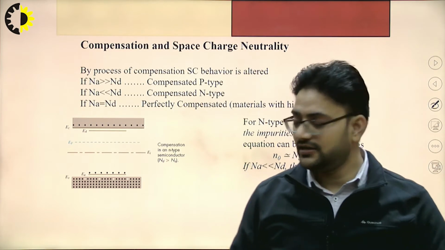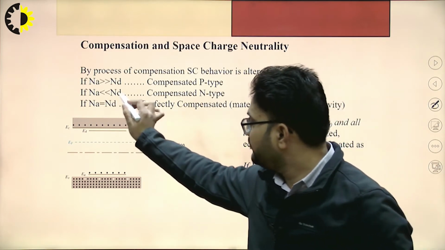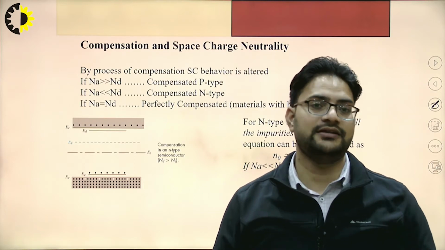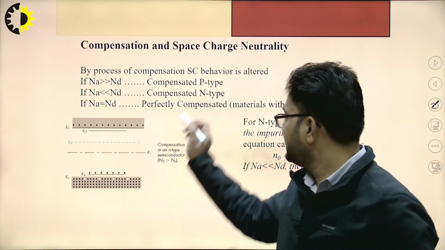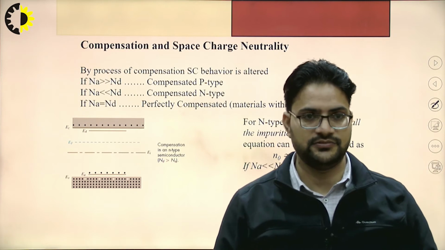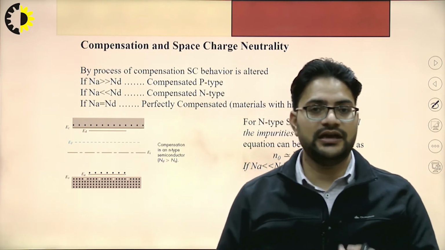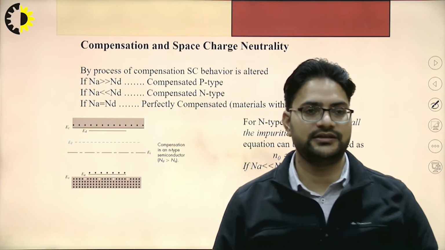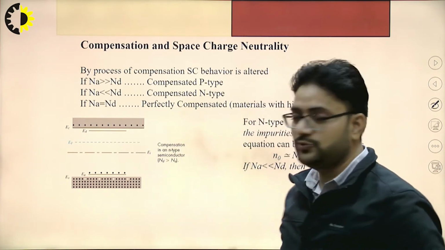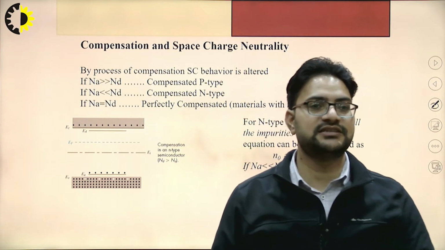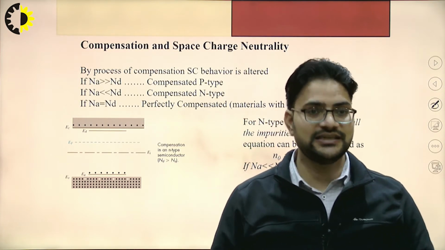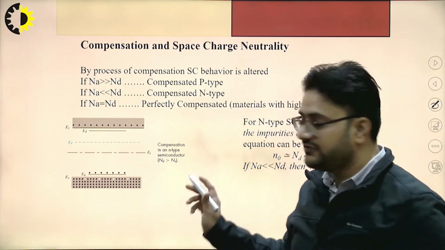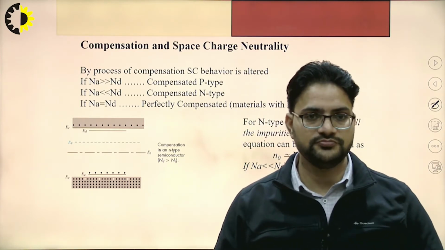If the number of acceptor ions is less than the number of donor ions, then it is called an N-type semiconductor material. If Na is equal to Nd, that is, the number of acceptor ions is equal to the number of donor ions, it is said to be perfectly compensated. In this case the material will be highly resistive. It will have high resistivity.